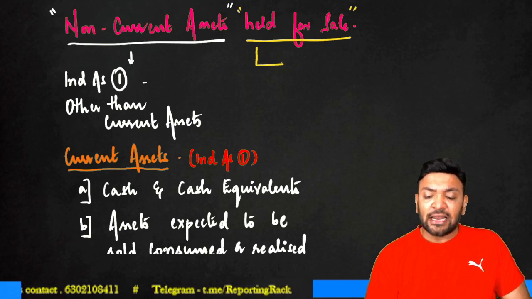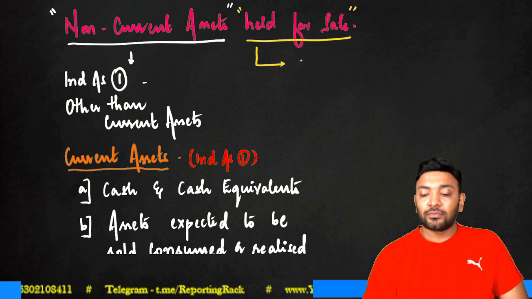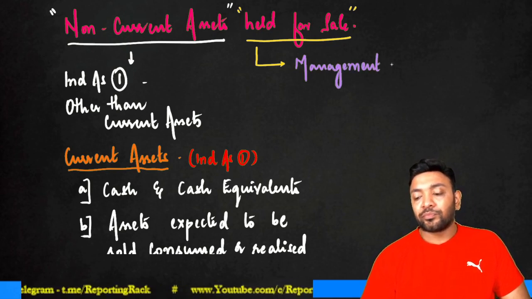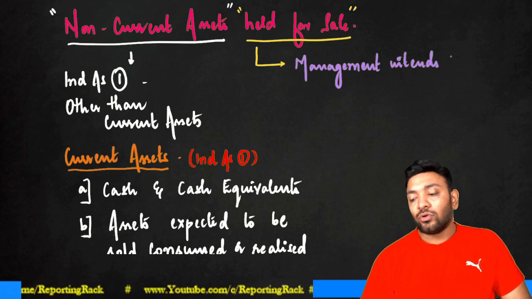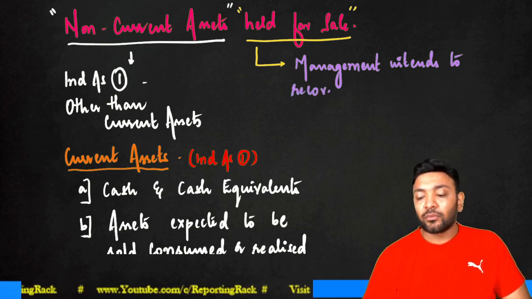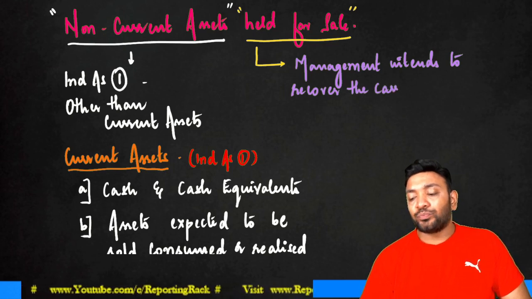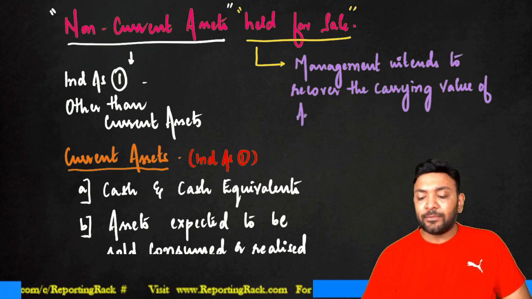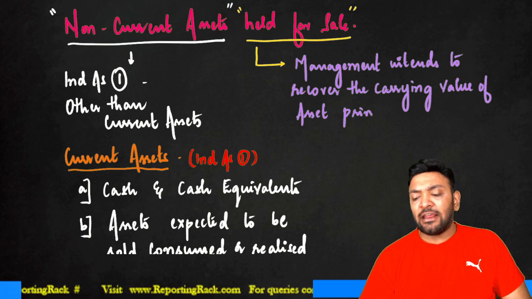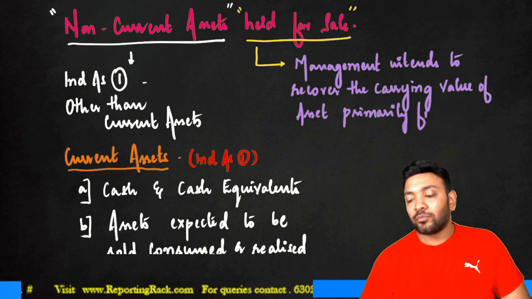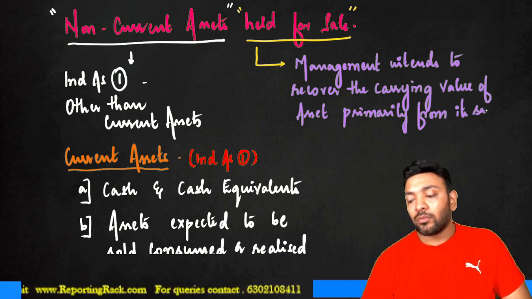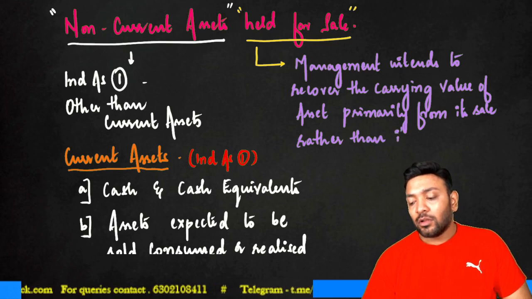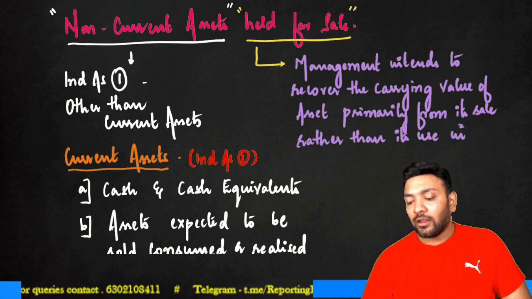I will specify an asset as held for sale only when management intends to recover the carrying value of the asset primarily from its sale rather than its use in operations.